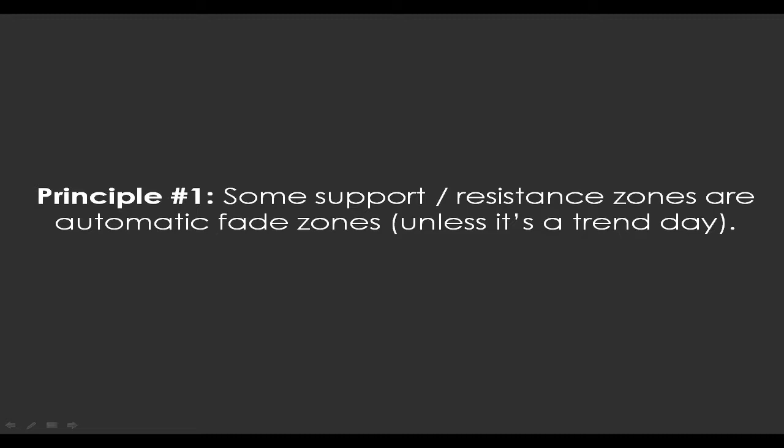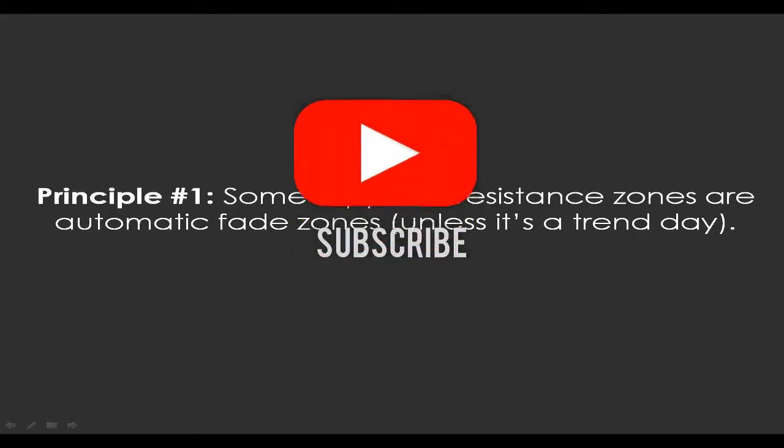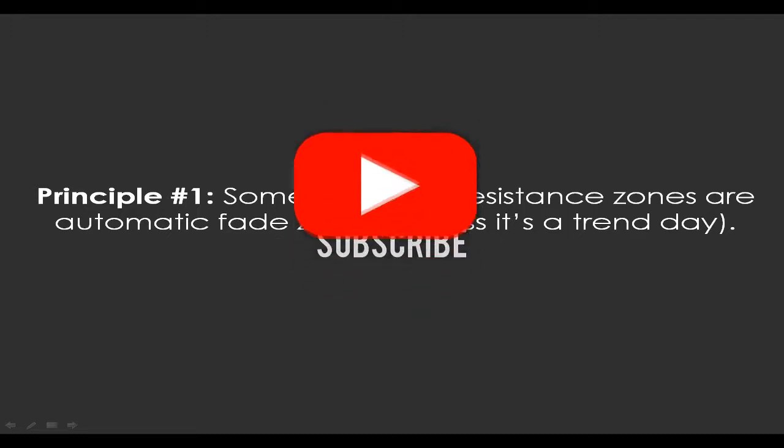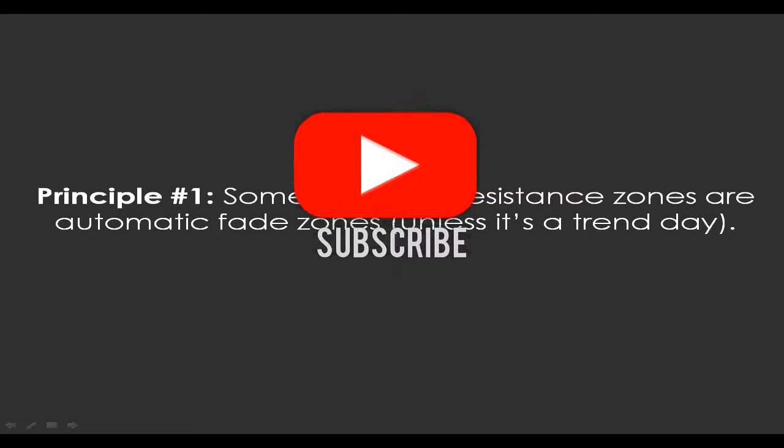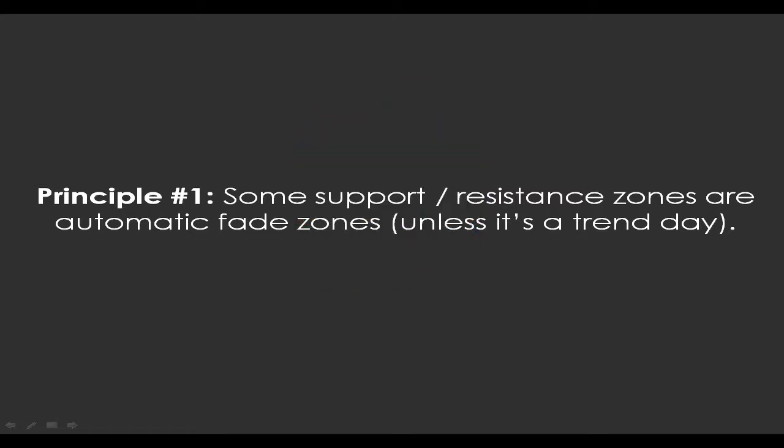Okay, this principle is obviously going to influence the execution, because if they're automatic fade zones, you're pretty much just going to have your order sitting there at them waiting to be filled. Now, I hope you've understood from everything we've taught so far in this whole training that we're always thinking in probabilities and there's no certainties.